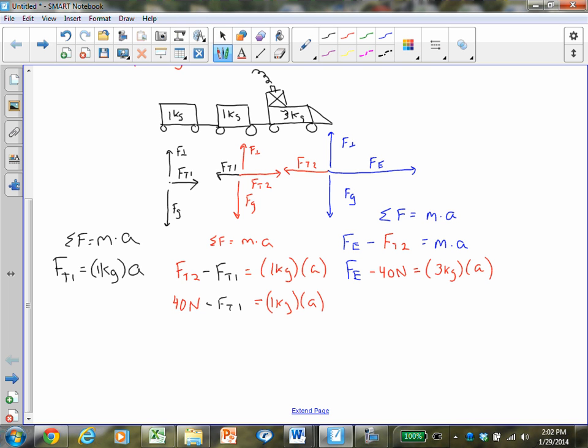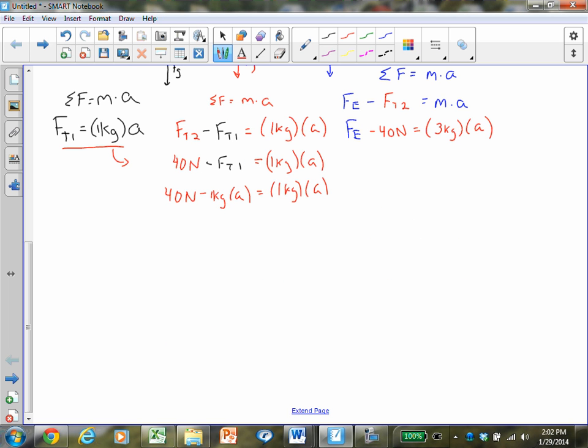So we get 40 newtons minus 1 kilogram times A equals 1 kilogram times A. Add it to the other side, right? 40 newtons equals 2 kilograms A. So A equals 20 newtons over kilograms, which is the same as 20 meters per second squared.